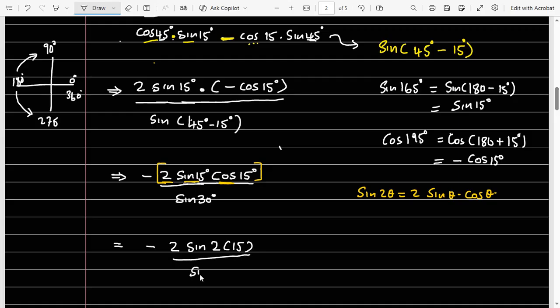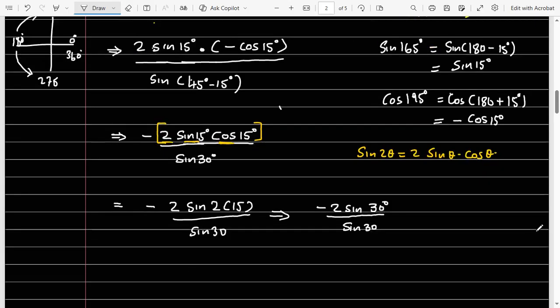Everything is divided by the sine 30. So this is equal to negative 2, the sine of 2 times 15, that's 30. Then I'm going to divide everything by the sine 30. So the sine 30 cancels, and this leaves me with an answer of negative 2. So when I solve this, I get an answer of negative 2. Right, and that's it for this question.